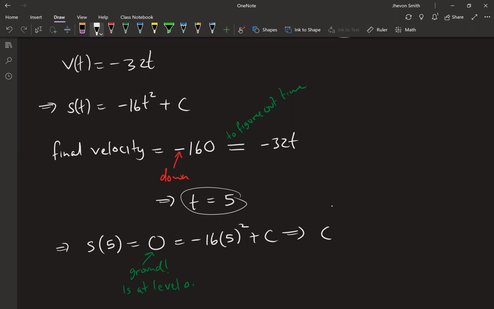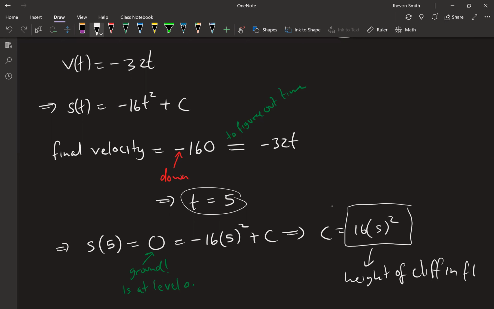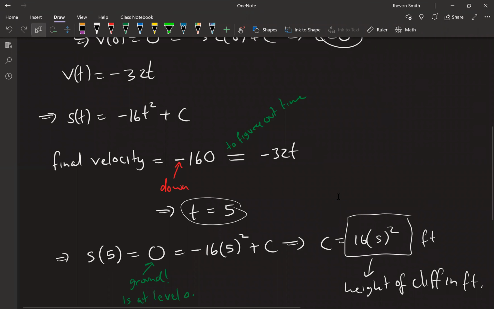And this means your c would be equal to 16 times 5 squared, and that happens to be the height of the cliff, 400. Right, because your s of 0 would be that guy. So yeah, that's it.